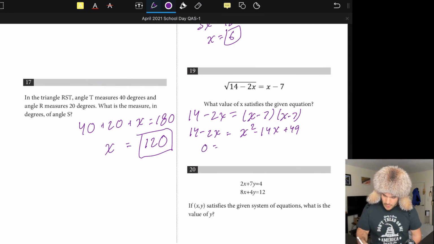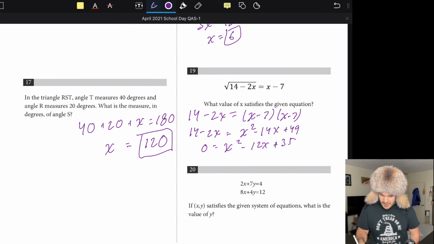So 0 equals x squared minus 12x plus 35. And now factor it. 0 equals x minus 7 times x minus 5. So x equals 7 and x equals 5.